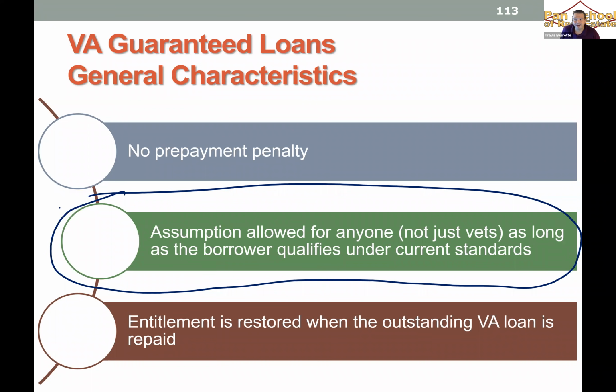So while they can be assumed by non-veterans, it's not the most common thing in the world, especially if the veteran needs to use their VA loan entitlement to buy their next home. They need to keep their entitlement. But they can be assumed by non-veterans.